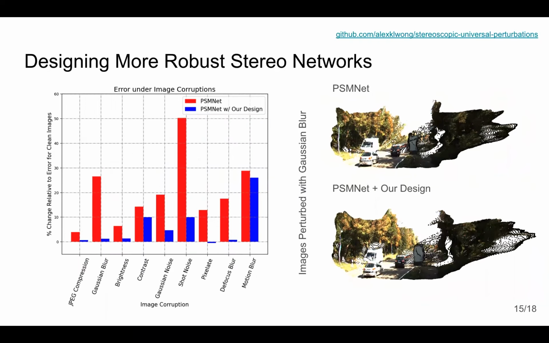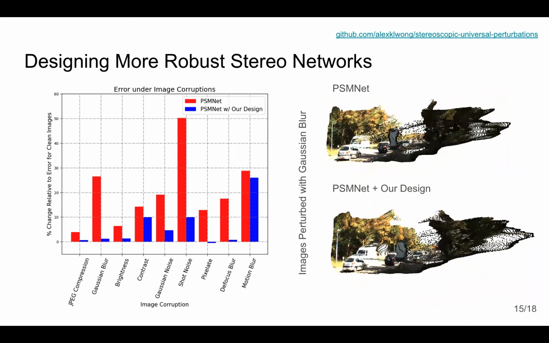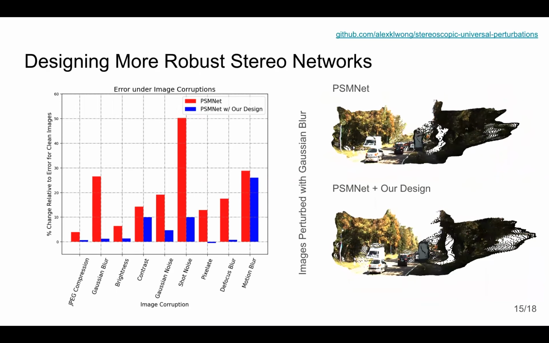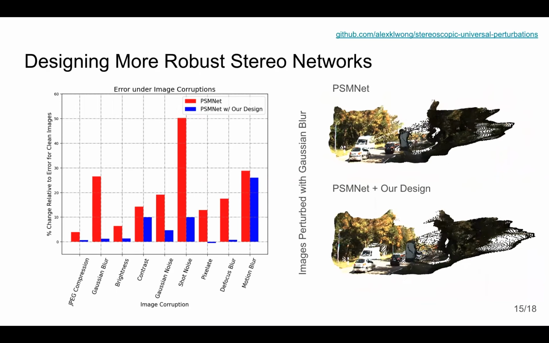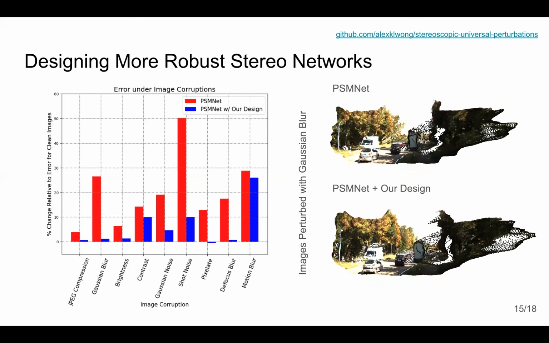Not only does our design mitigate the adversarial effect, it also improves the robustness against common image perturbations that may arise from various corruptions like blurring, shot noise, and image compression. On the left, we show a plot of the relative change in error when we introduce these common perturbations into the input images.